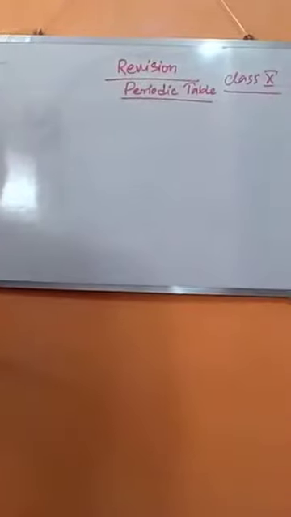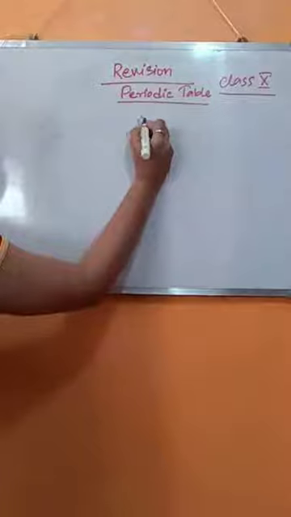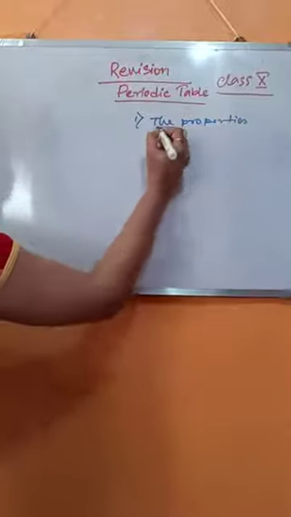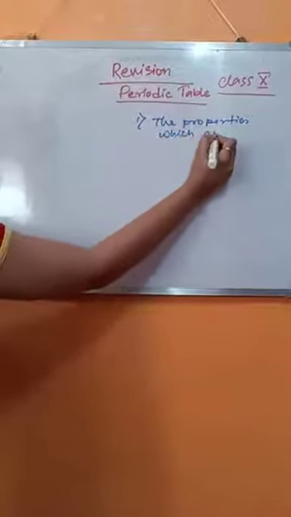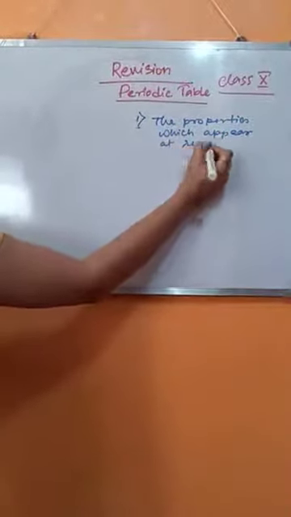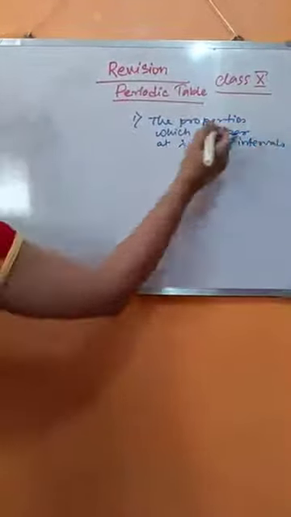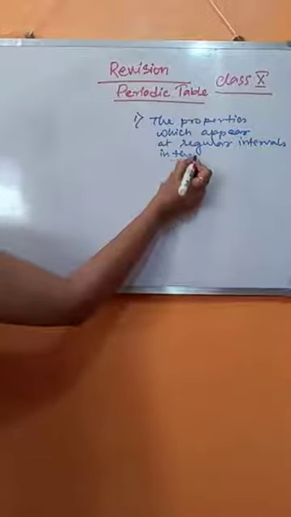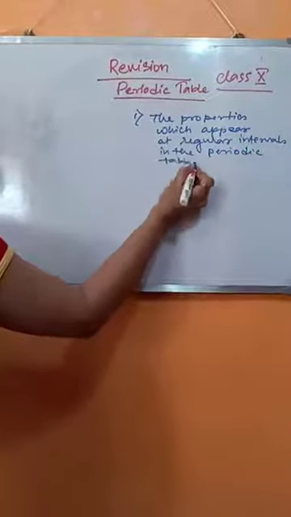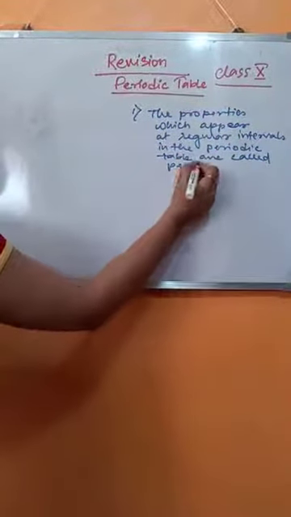So the properties which appear at regular intervals in the periodic table are called periodic properties.